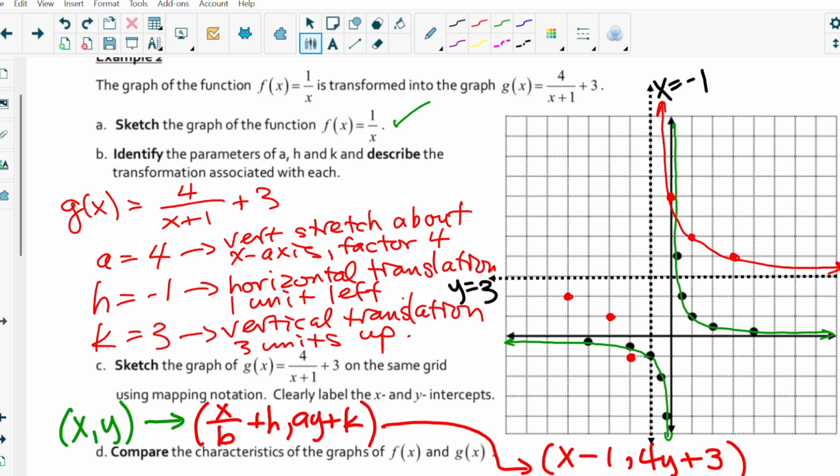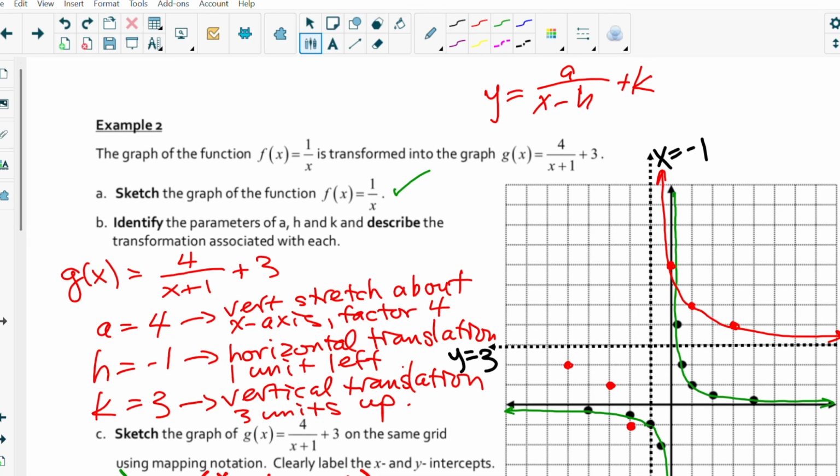The other thing is the x-intercept. Real quick, I do want to sketch out the x-intercept. So I take this, x-intercept is where y equals 0. So 0 equals 4 over x plus 1 plus 3. So that's -3. Let's solve for x. -3 equals 4 over x plus 1.